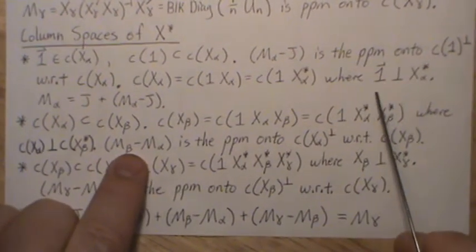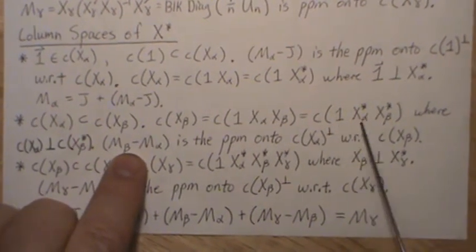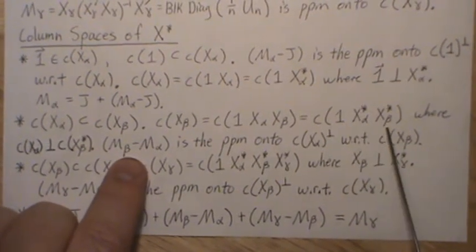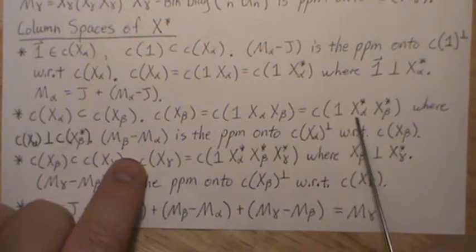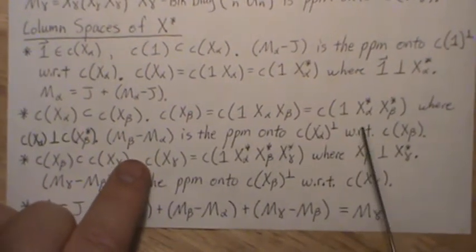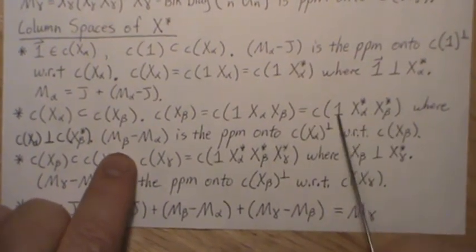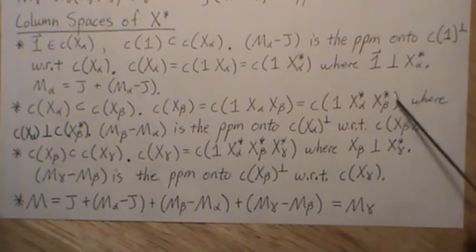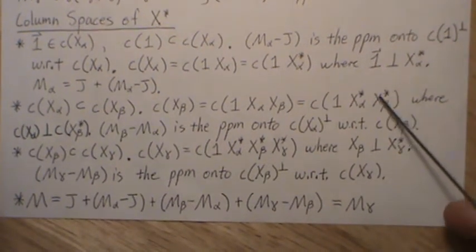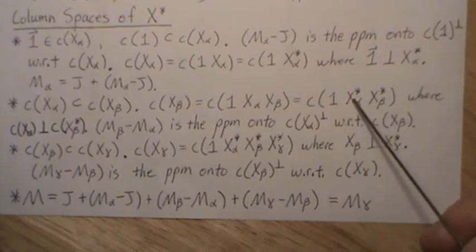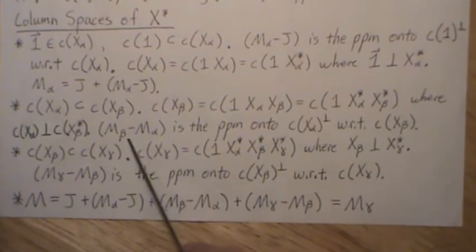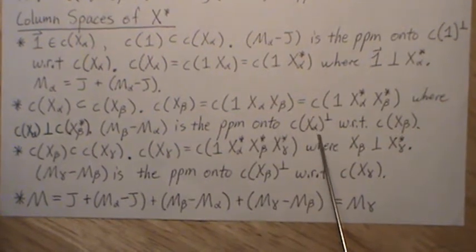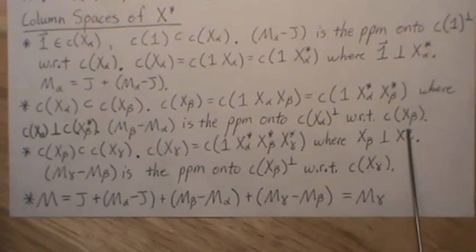Then this here is really just a column space of X, and it's orthogonal to this. So the perpendicular projection matrix is M beta minus this one, and because we're doing it on X beta star, which is all orthogonal to this, and that's what this is defined. So it's a perpendicular projection onto this orthogonal complement space with respect to X beta.